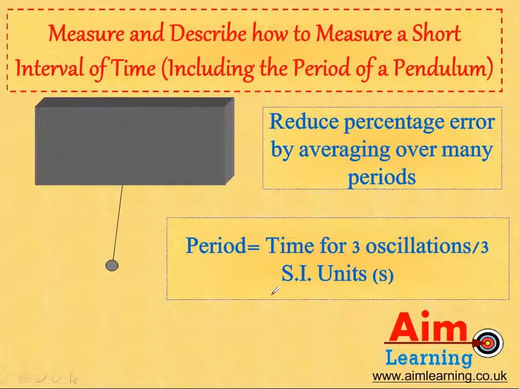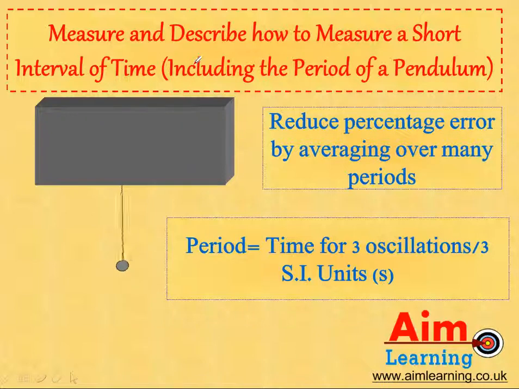So going to the final topic, measure and describe how to measure a short interval of time, including the period of a pendulum. If I was to show you one swing of a pendulum, it's going to be pretty fast, and the actual error you would find is quite large. So the best way to reduce the percentage error would be to do several swings.